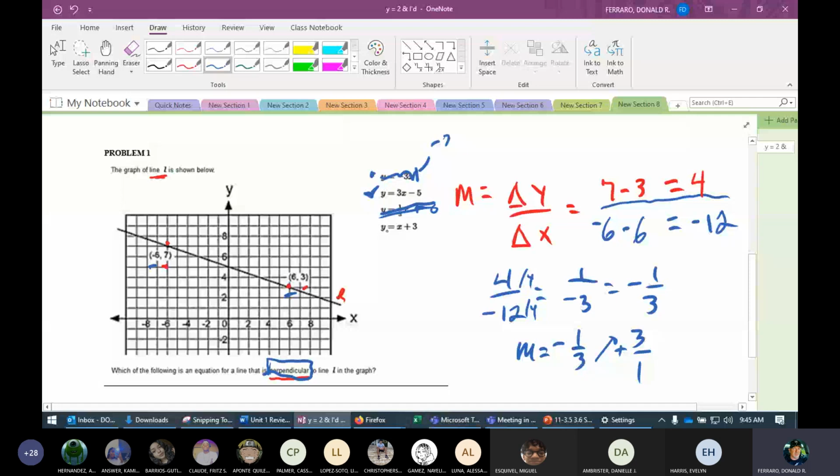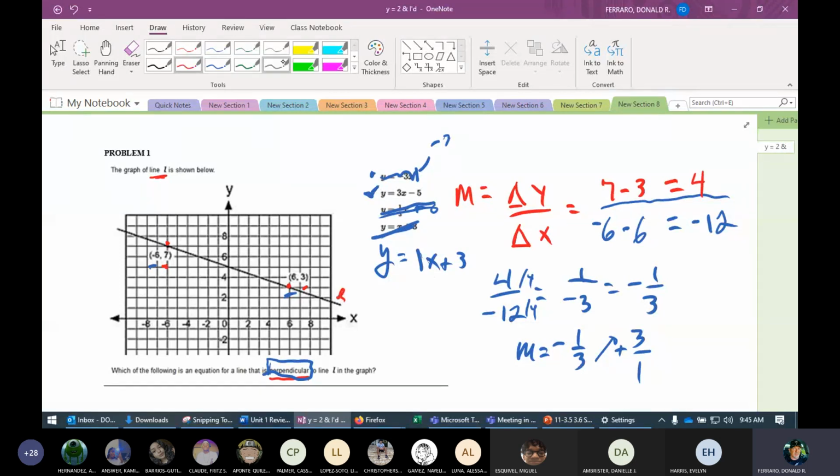And what's the slope of the next one? Evelyn says that's 1, right? Miguel, does that make sense to you? This equation right here is essentially y equals 1x plus 3. So the slope is 1. That doesn't work either.